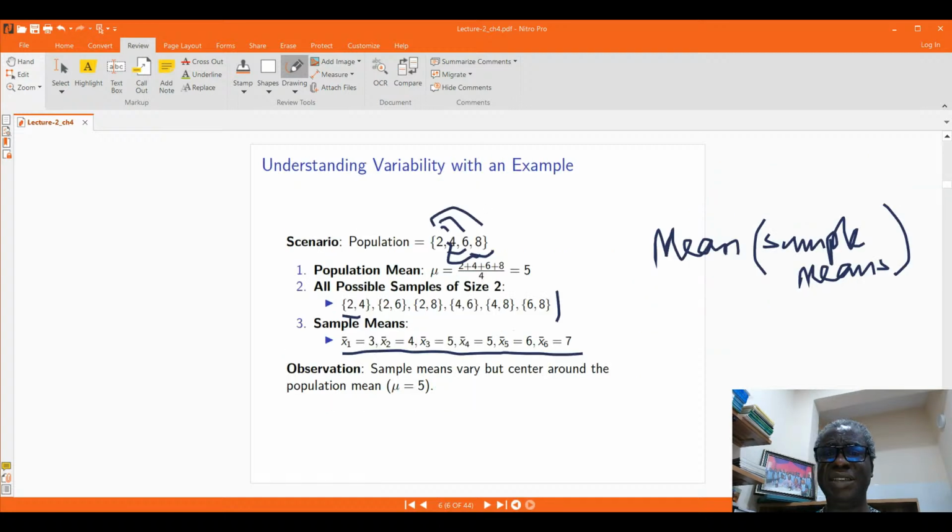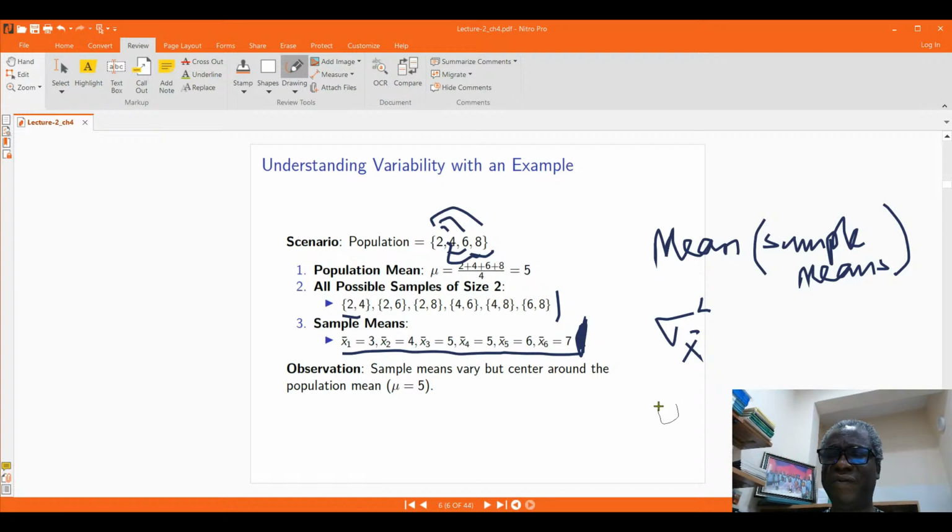And what that implies is that these sample means, I can also find its variance. So I will call it sigma square x bar. That is the variance of the sample means.